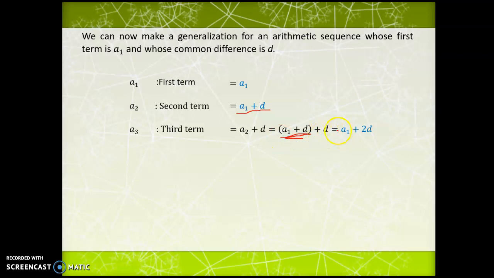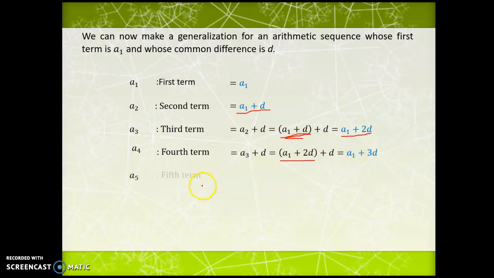And then you get a sub 1 plus 2d, right? Next, for the fourth term, you get a sub 3 plus d, and then your a sub 3 is here, so you substitute it here. And then you will add again, a sub 1 plus 3d.